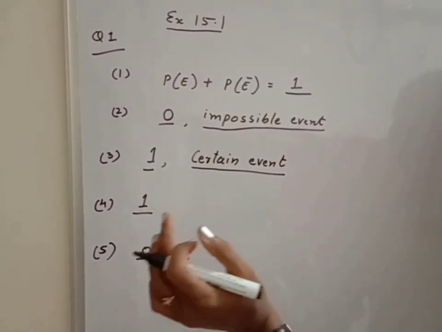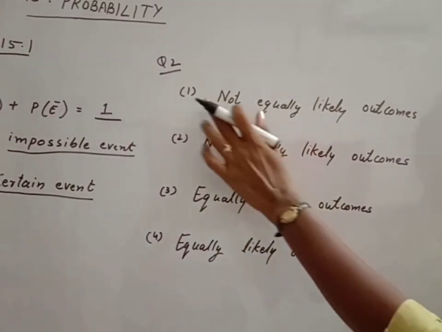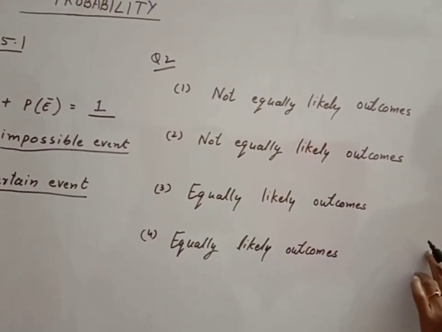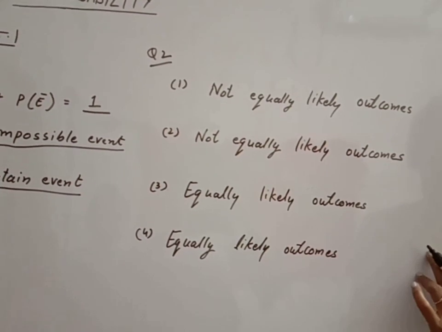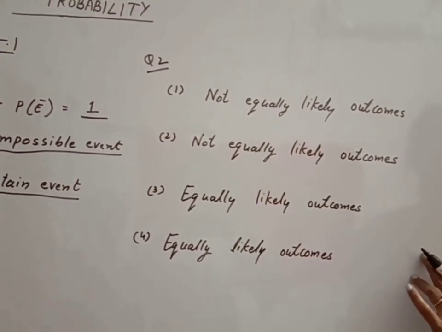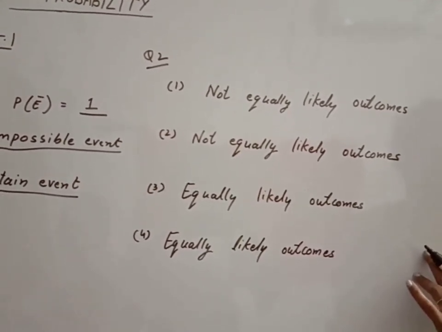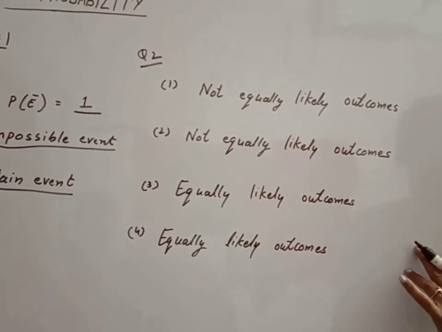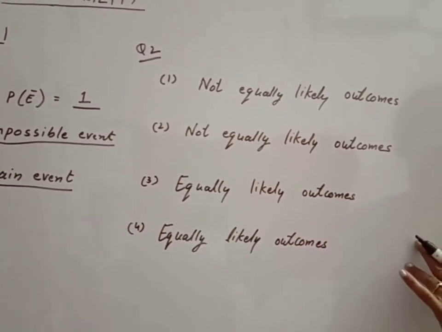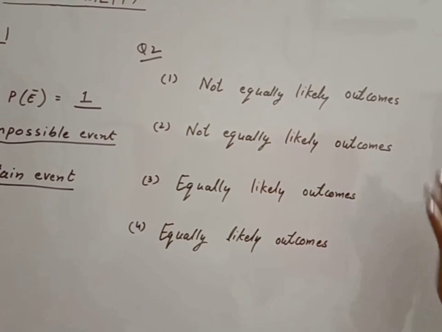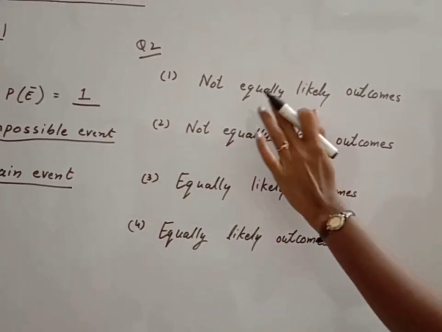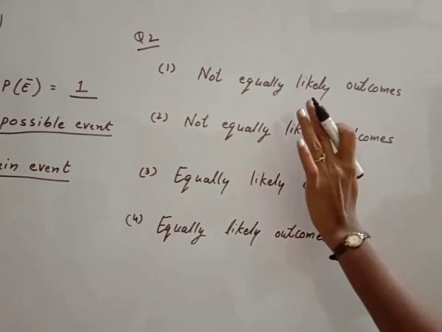Now let's discuss question number 2. Which of the following experiments have equally likely outcomes? First, a driver attempts to start a car. The car starts or does not start. Now see, when a driver starts a car, most probably it will start.